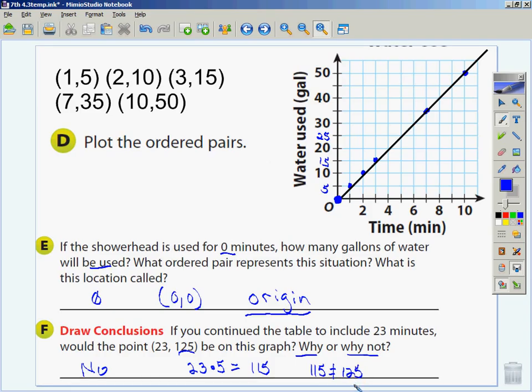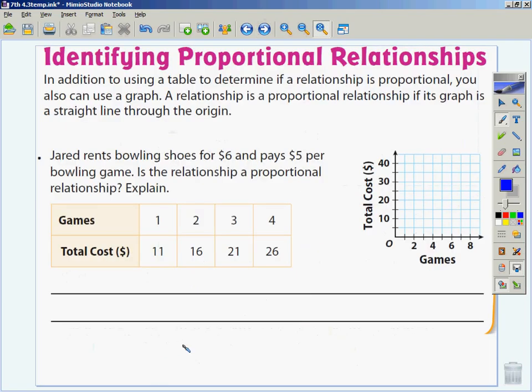That's why this isn't there. Because 23 should be paired with what number? 125. It won't be on the graph. Everybody okay? I go to the next slide.